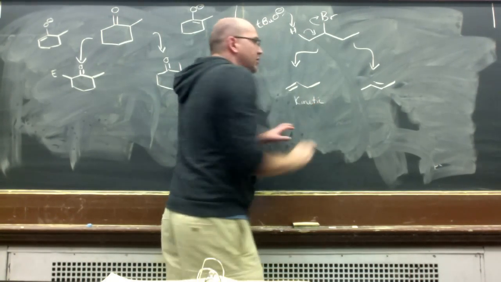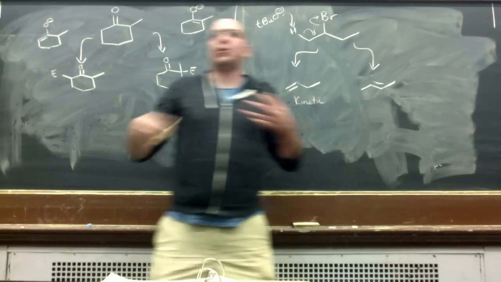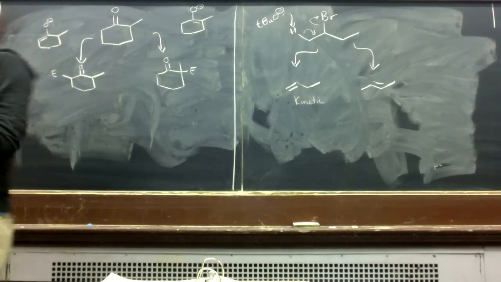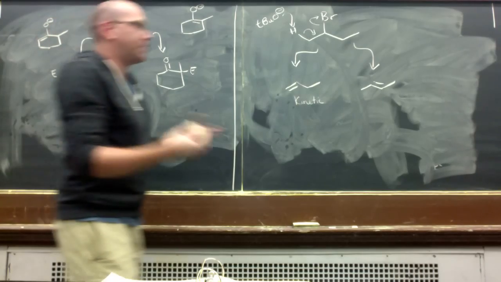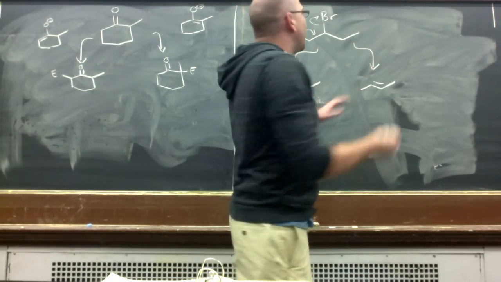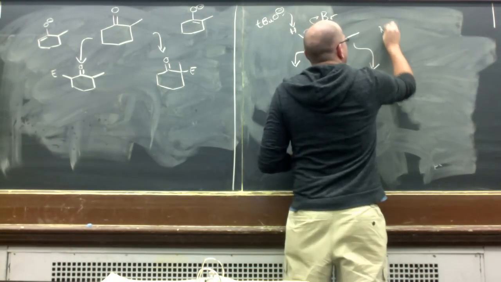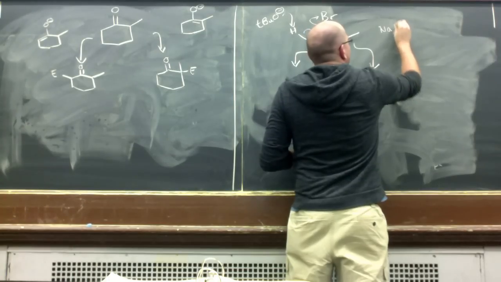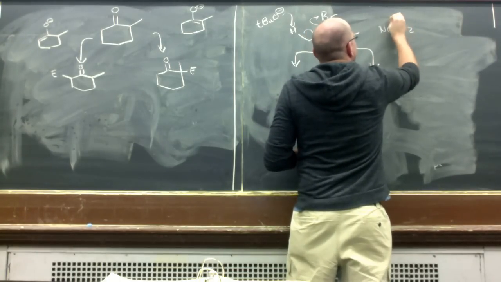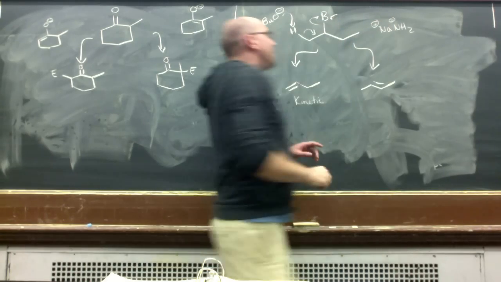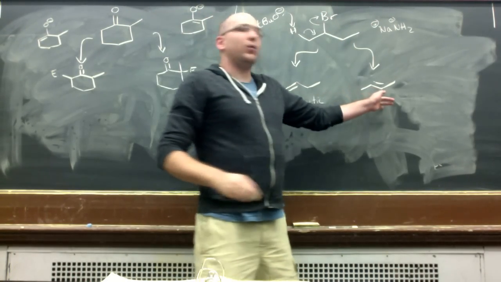This is perhaps a misnomer, because this could also perhaps be rationalized as a kinetic product as well, although it is a thermodynamic one. This is just to think about it a little bit more. But if we use a smaller base, let's just say sodium amide, for example, we're going to end up leading to what would then be the thermodynamic product.